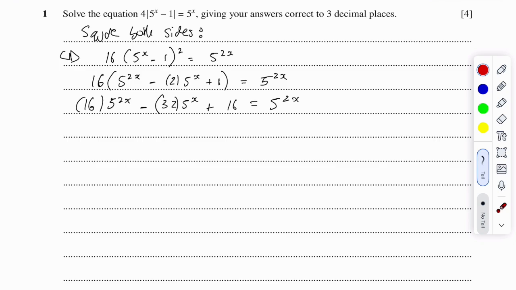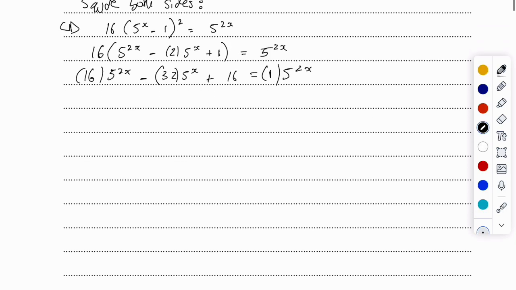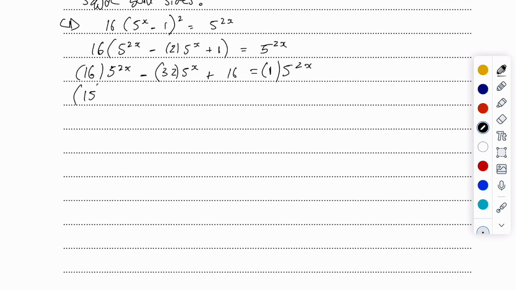Now this 5 to the 2x is the same thing as saying 1 times 5 to the 2x, no? And so if we've got 1 5 to the 2x here and 16 5 to the 2x here, what we can get from here is 15 times 5 to the 2x minus 32 times 5 to the x plus 16 is going to equal 0. Perfect. So we've got that bit now.